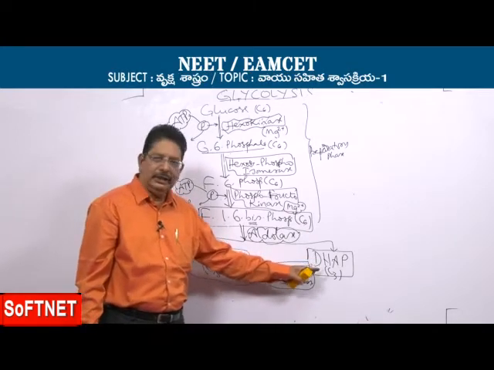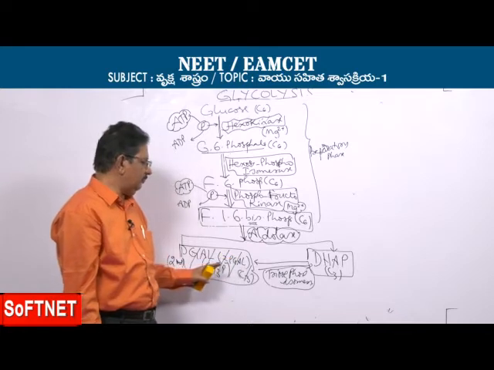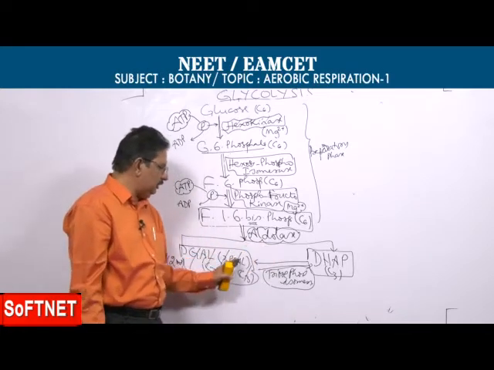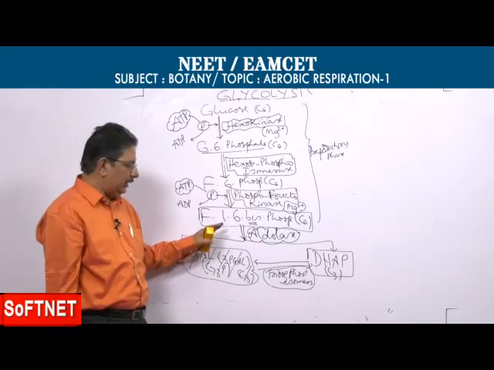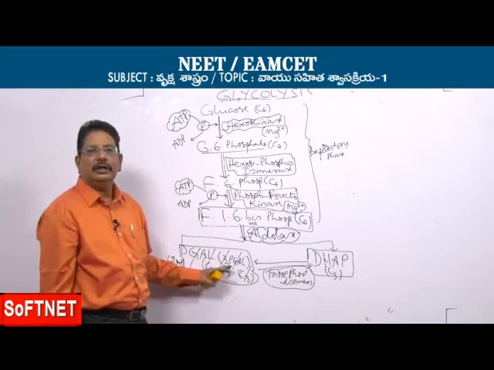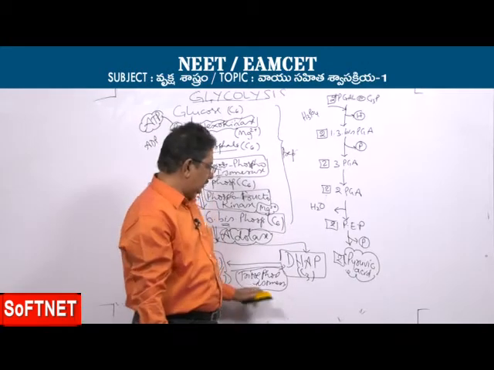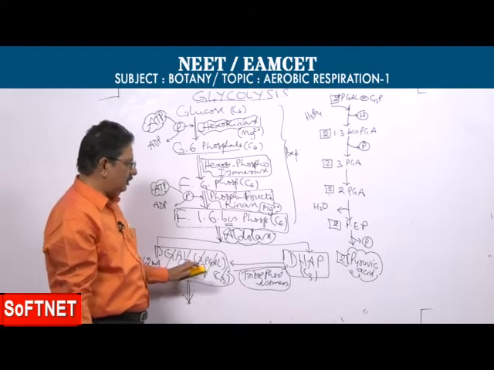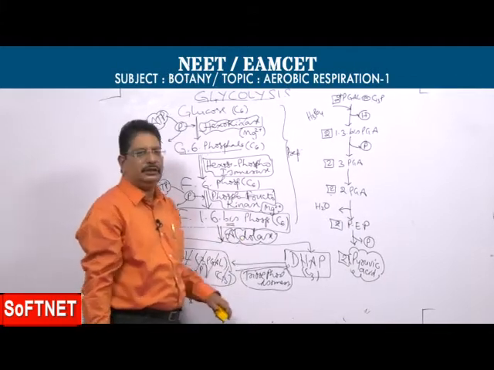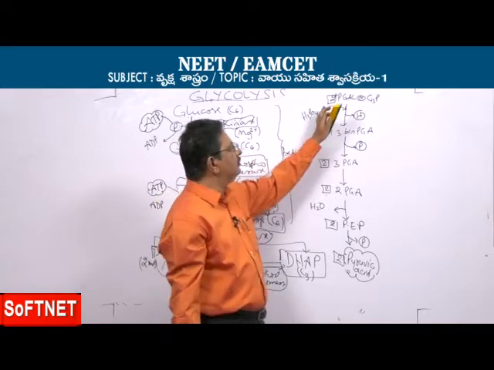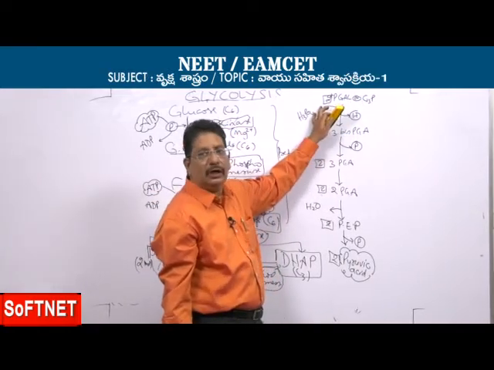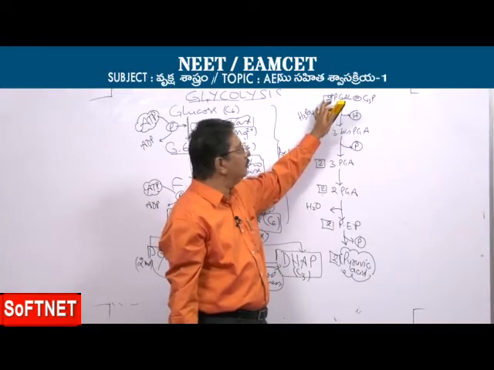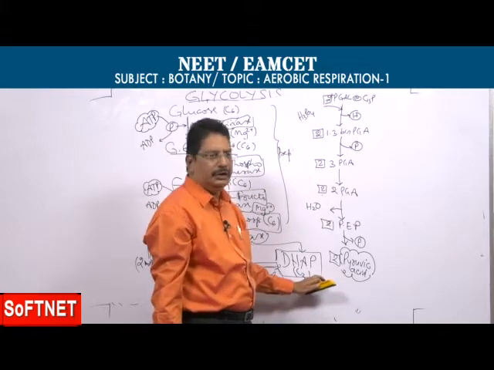Hence, the DHAP, being an isomer of PGAL, is converted into G3P and available for further reactions. So, let us take the further conversions. G3P is now suitable for oxidation. These G3P molecules are now available in 2. So, let us take 2 every time from here onwards.